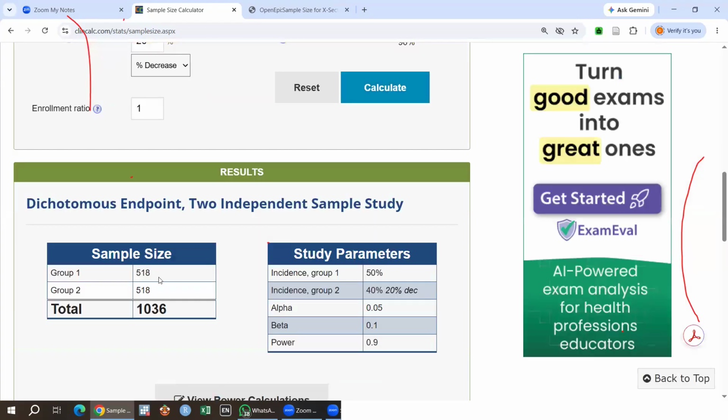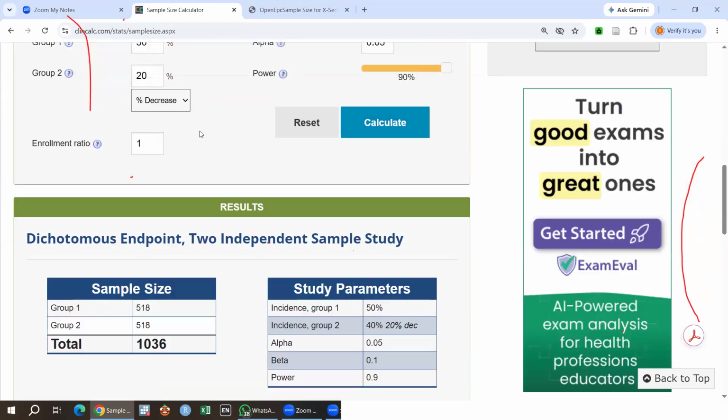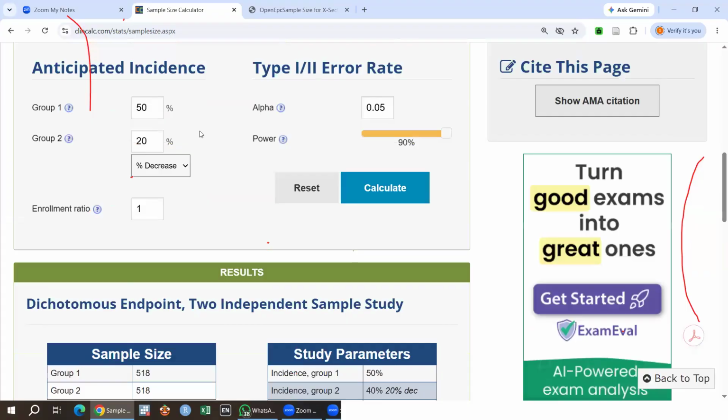Then this comes according to this 20% decrease. Okay, one minute. This is a 20% percentage decrease.